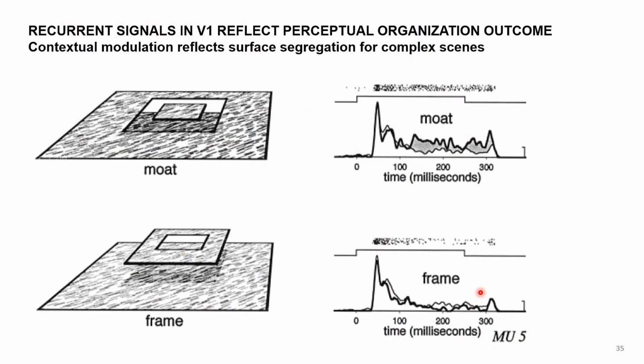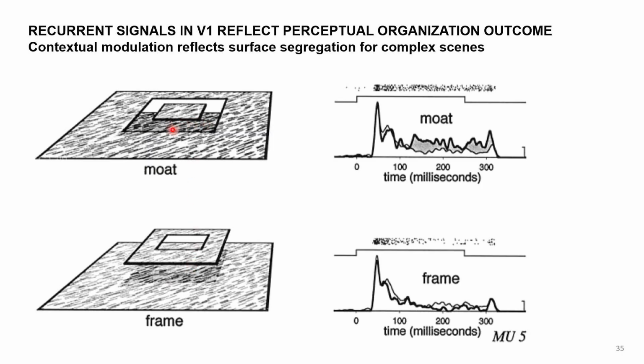We also probed to what extent this perceptual context was really perceptual, in the sense that this activity really reflects, for example, figure-ground organization also in more complex scenes. So this is an example of such an experiment, comparing mode versus frame stimuli.